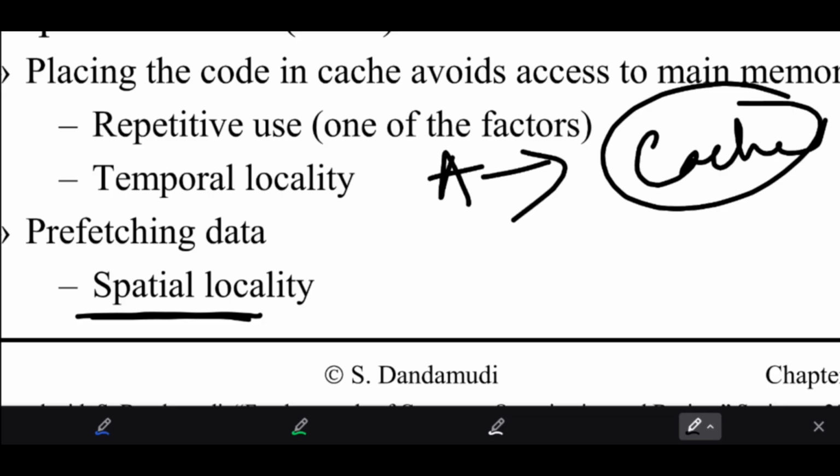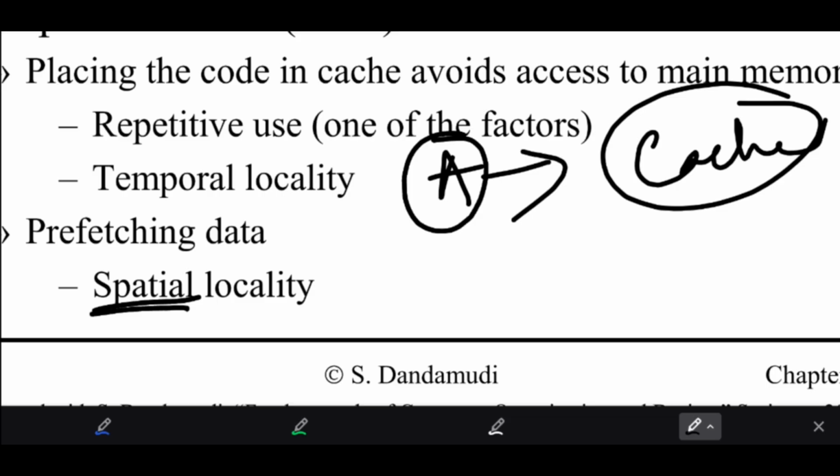Then let's discuss spatial locality. What is special about spatial locality? We store A inside the cache, but we don't store A again.